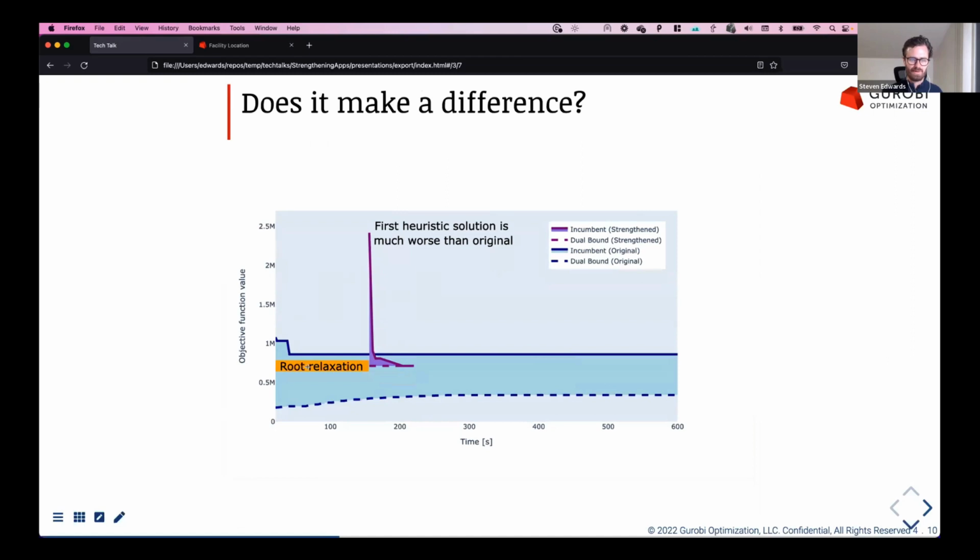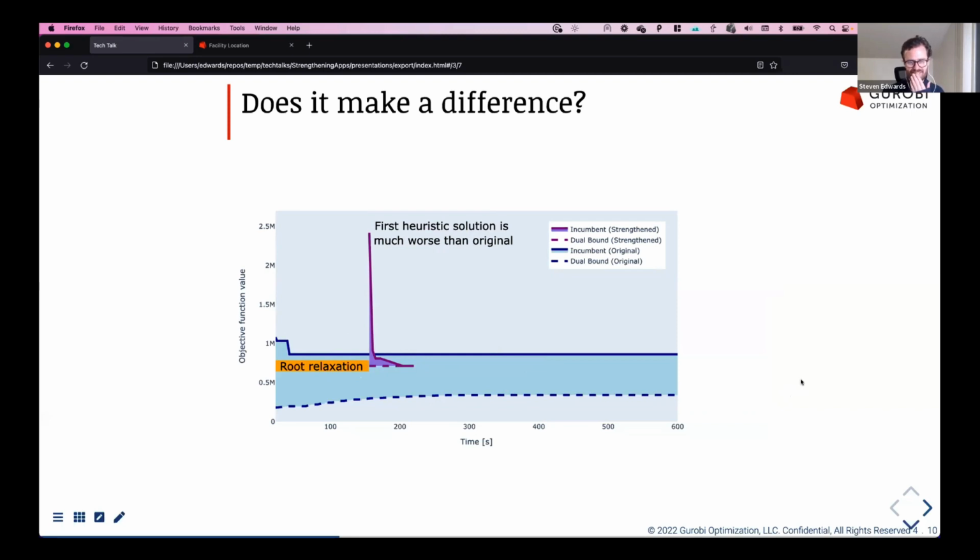You have this time where you're just solving the root relaxation and nothing really happens, so you pay the price for the tighter relaxation. The incumbent wasn't as good to start with. But once the bound is tightened, the incumbent comes crashing down so much that you prove optimality straight away, as opposed to the vastly different behavior of the aggregated form.